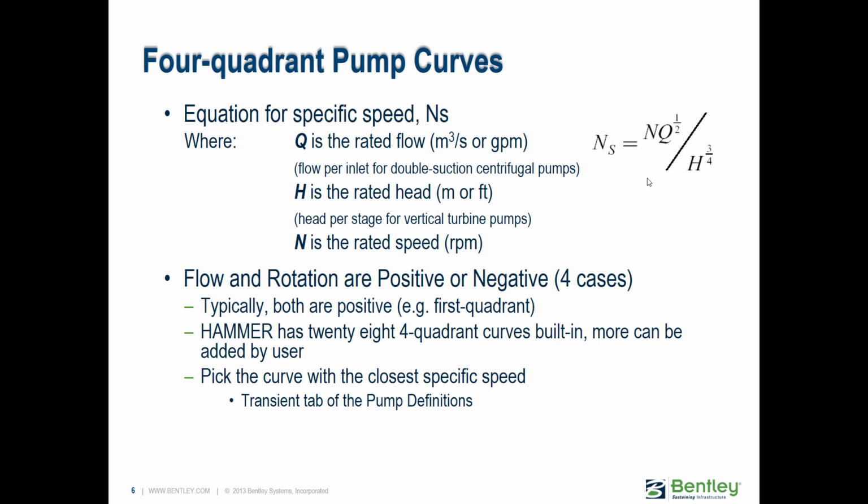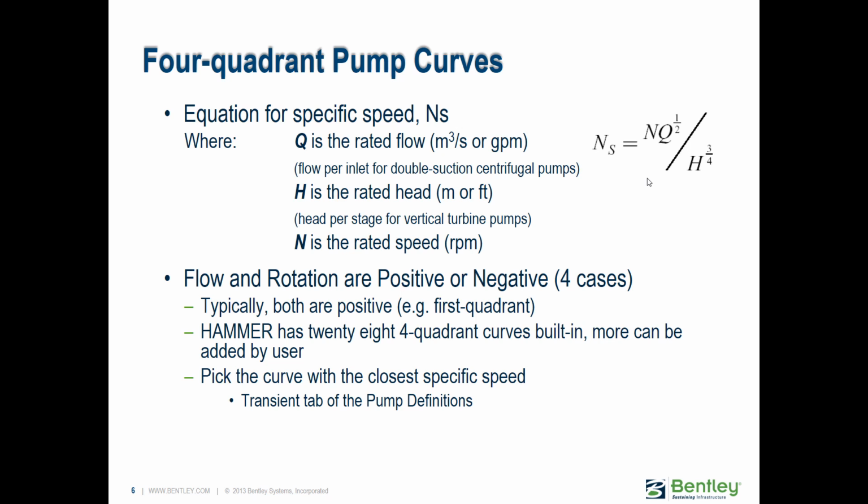You think of it almost as a circle, where you might be operating in the negative head, negative flow, and Hammer really needs to be able to accurately simulate what happens in those conditions. So for that reason, we estimate the specific speed, we assign that to the pump, and then the pump takes the rated flow, rated head, and rated speed from your starting initial conditions, and it constructs a four-quadrant curve based on the shape that's defined for that specific speed.